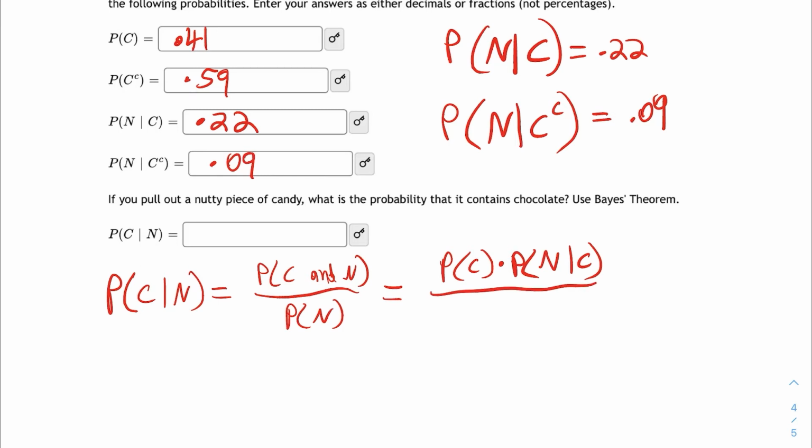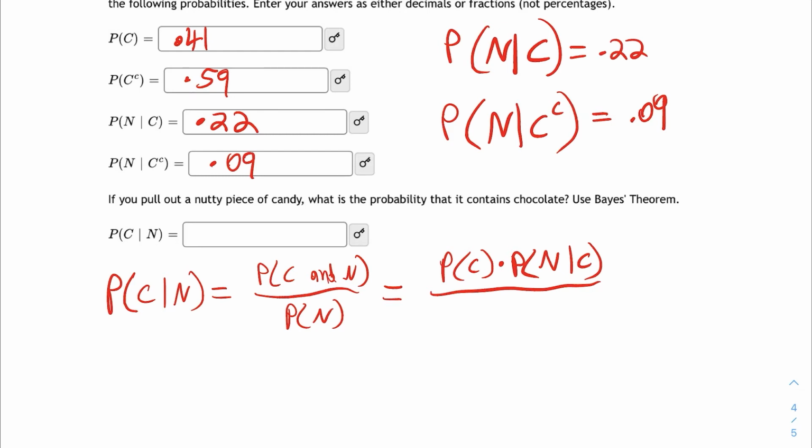And then that's going to be divided by the probability of N. Well, they don't give us the probability of N anywhere here either. But we have some things that we can use. We have the probability of C. We have the probability of N given C, so I know that amount of information.